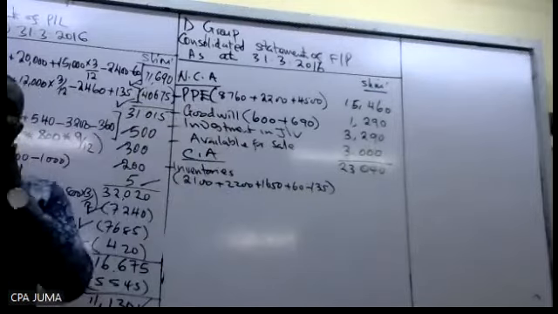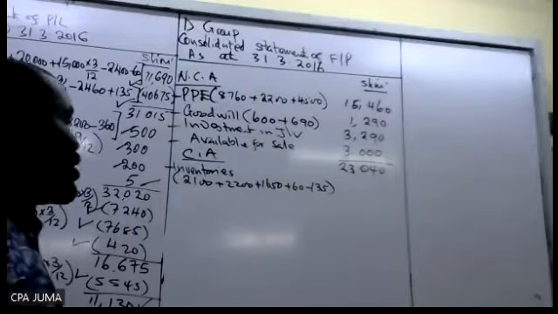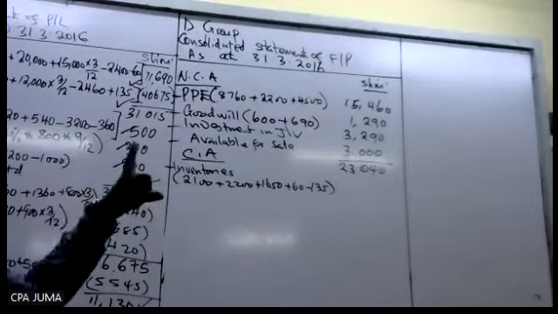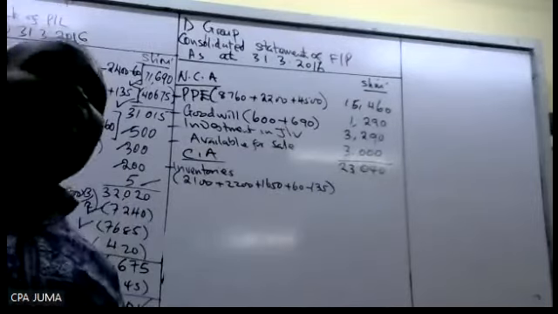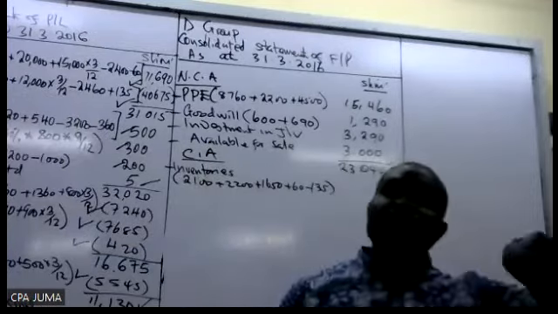Are you understanding all those adjustments? The 60 were the goods in what? Transit. When goods are in transit, debit the stock account.